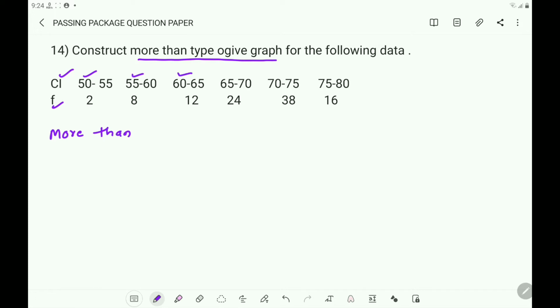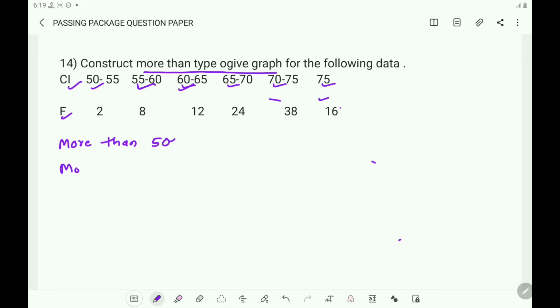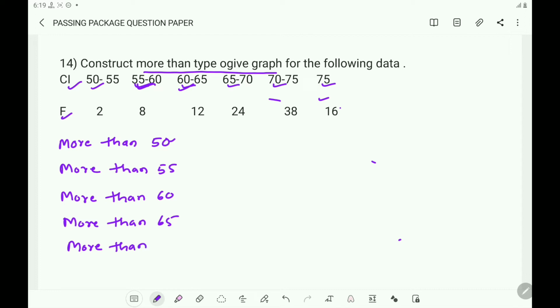More than 50, more than 55, more than 60, more than 65, more than 70, more than 75.